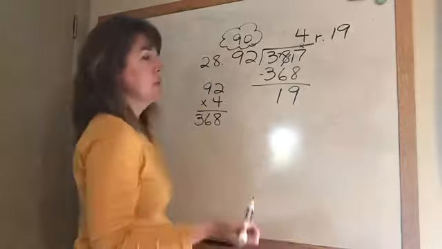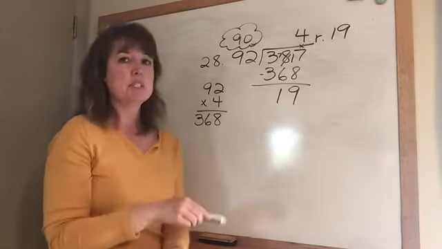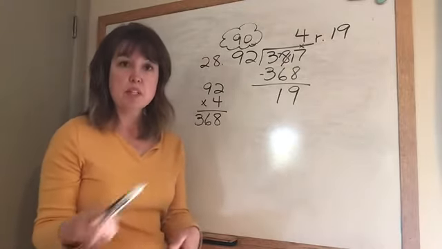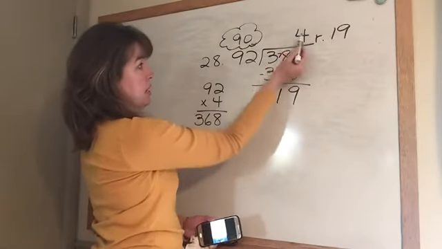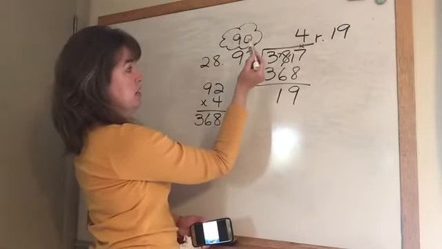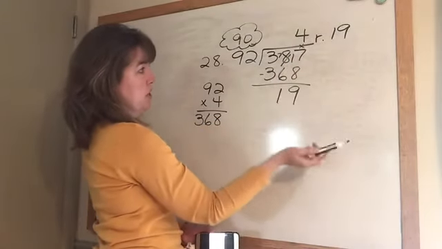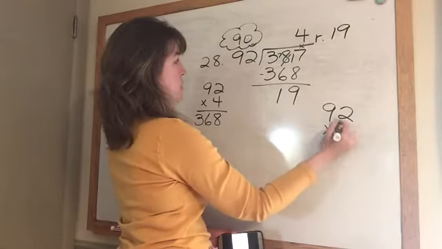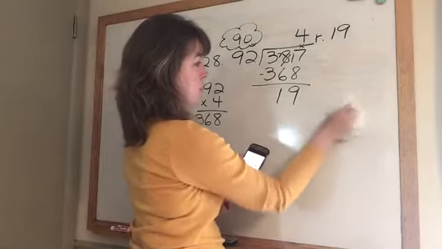All right, now how are we going to check? Okay, in order to check, you have to do the opposite operation. So we're going to multiply our number times our divisor, and then we'll add our remainder, and it should be 387. So 92 times 4, we already did it over here. I'll just add the remainder to it.